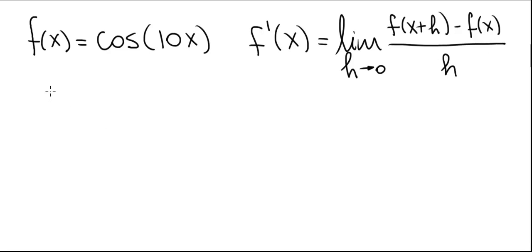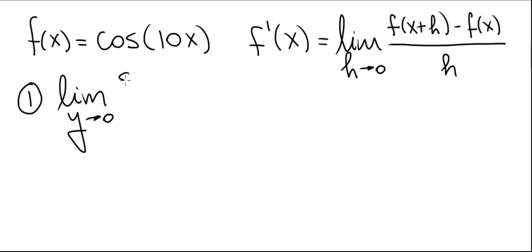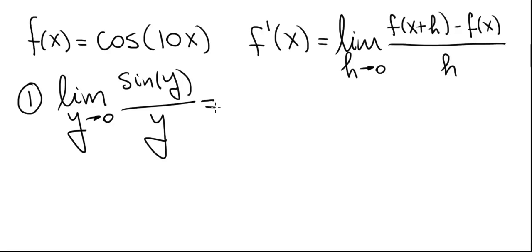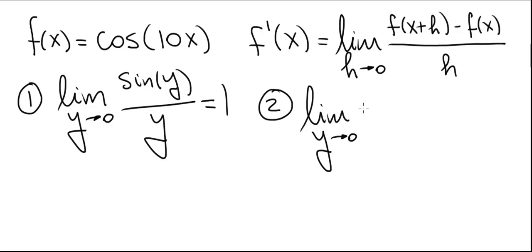Now, to find this derivative by using this definition, we're going to need three results. The first result is the limit as y approaches 0 of sine of y over y equals 1. This was derived in an earlier video. And result number 2, also derived in an earlier video, is the limit as y approaches 0 of cosine of y minus 1 divided by y equals 0.